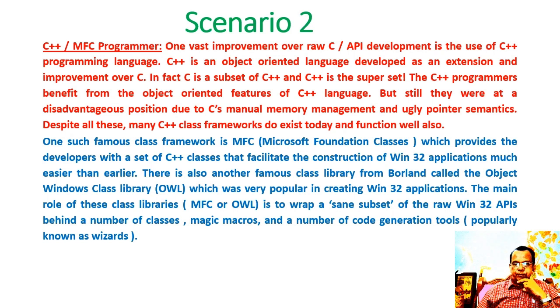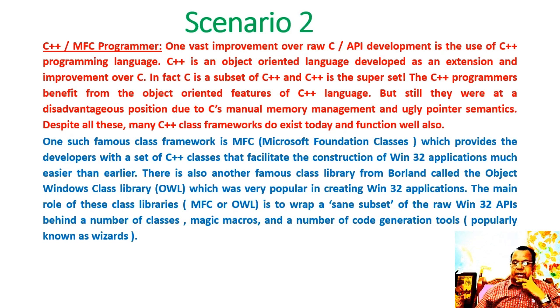C++ is an object-oriented language developed as an extension and improvement over C. In fact, C is a subset of C++, and C++ is the superset. The C++ programmers benefit from the object-oriented features of the C++ language.